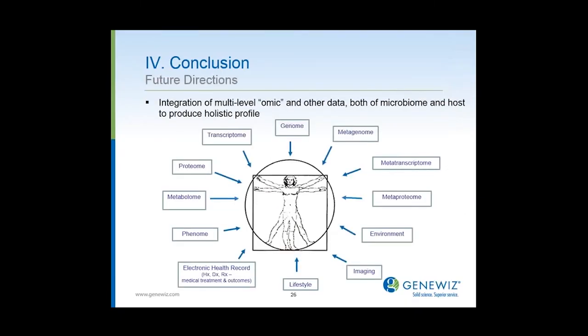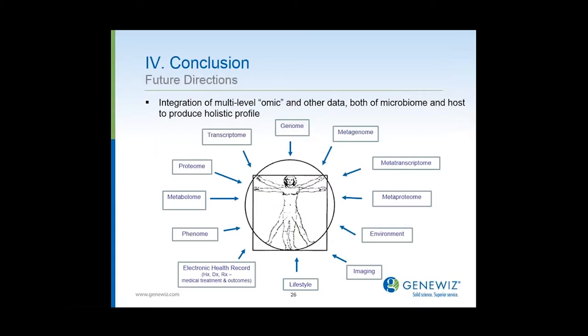As far as future directions, it's difficult to know how the field will evolve, but one area that interests me is combining multi-level omic data and other data to produce a holistic picture of a human being or a patient.